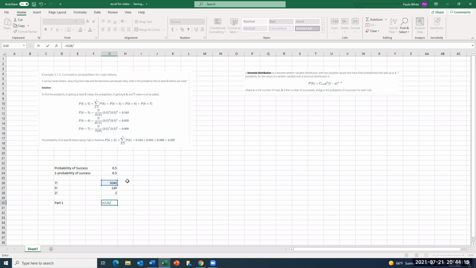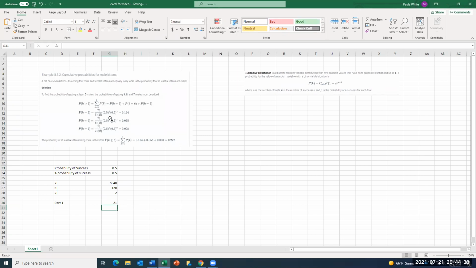We're going to divide by, and I'm going to make sure that our order of operations is correct, so I'm going to put a parentheses around it, the 5 factorial times the 2 factorial. And I'm going to close paren, and I'm going to hit enter. And I find out that that part is 21.